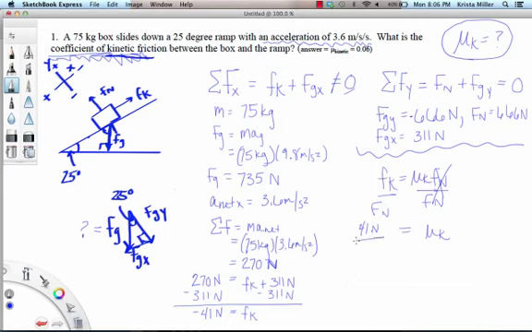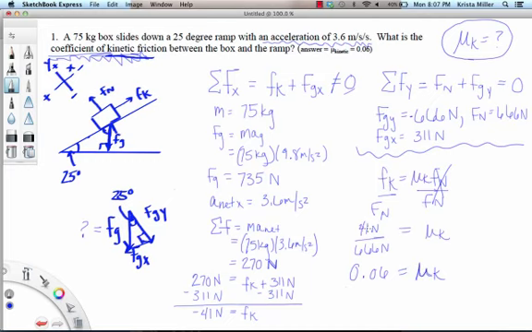I shouldn't have a negative coefficient, and so this is really just about the magnitude, not the direction at this point. And my normal force is going to be 666 newtons. So now I should be able to divide. 41 divided by 666 newtons gives me 0.06 equals mu sub k.